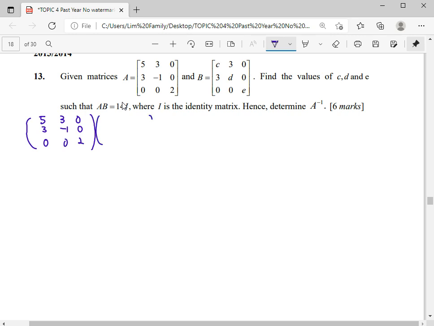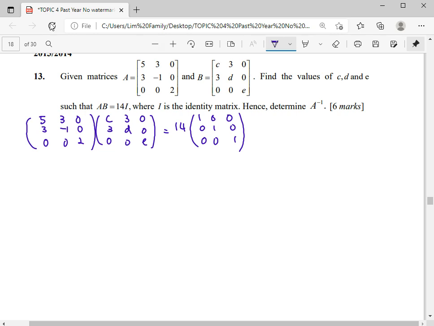Another matrix B is C 3 0, 3 D 0, 0 0 E, equals 14I. 14I means 14 times the identity matrix.